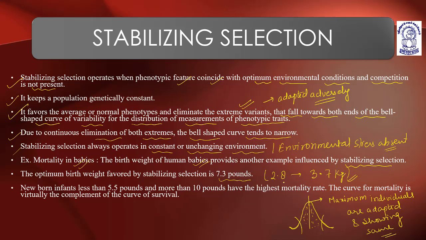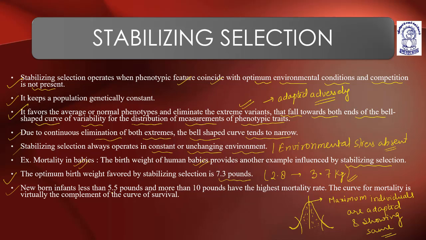The reason is, if some of them have more weight, they are eliminated, and some of them have less weight, they are eliminated. Because of the more weight or less weight, the neonates undergo mortality. So these mortalities, the infantile mortality rate, basically maintain their proper pace.